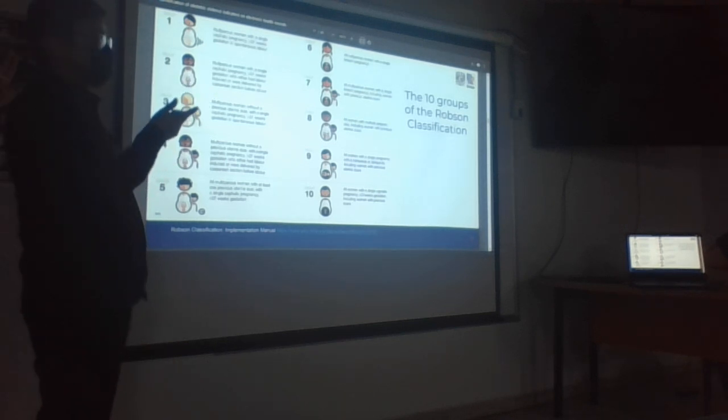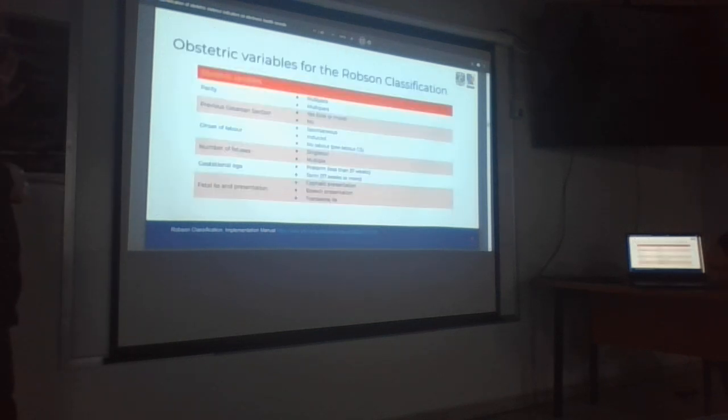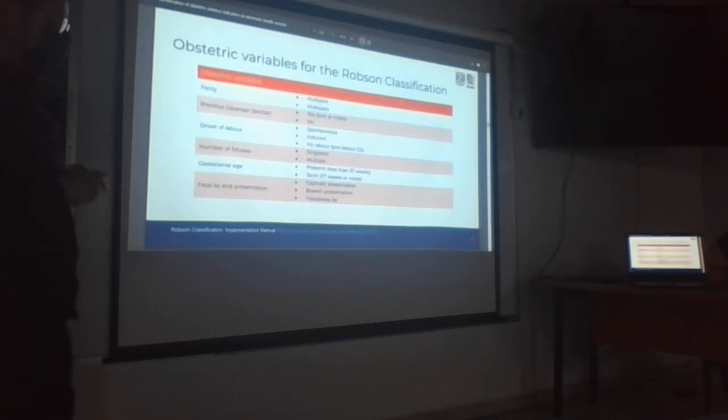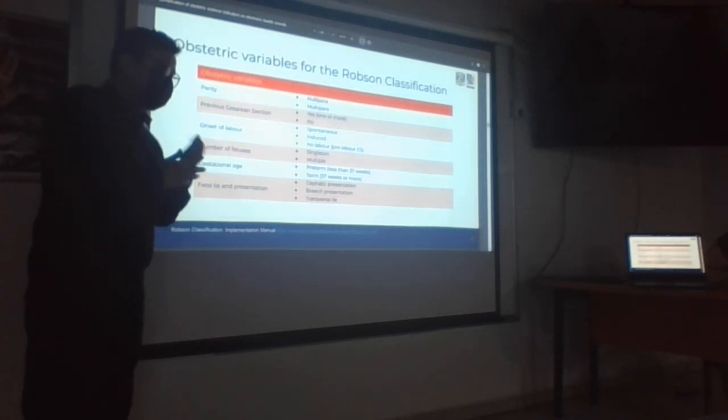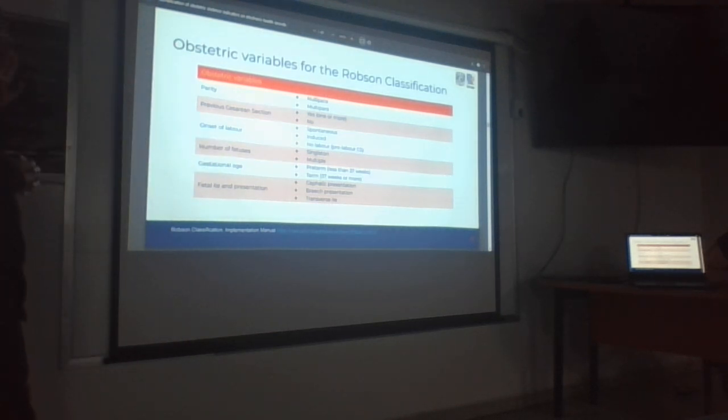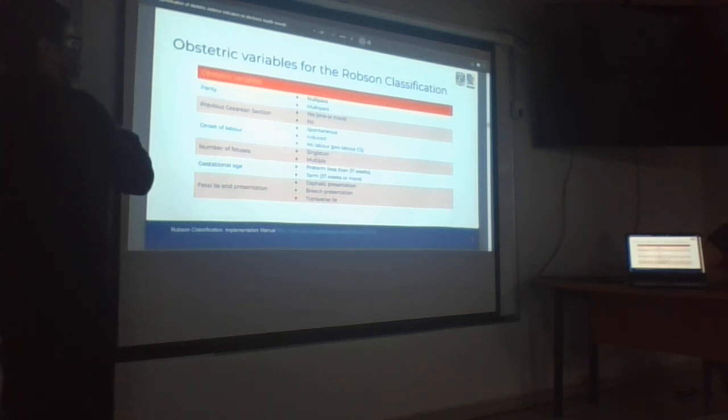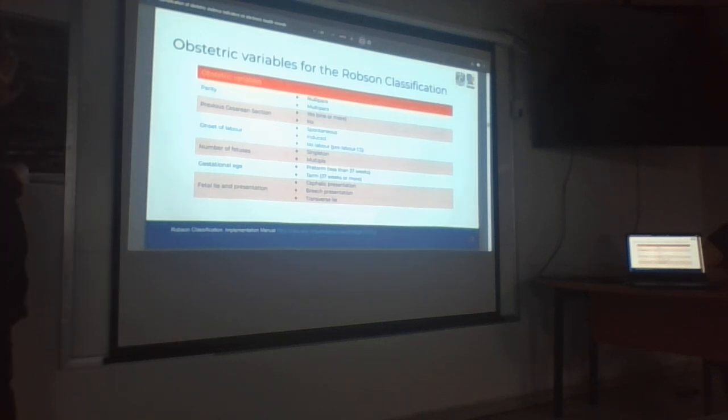But in the next slides, the Robson classification is split into 6 obstetric variables, and these variables also have a granularity of those obstetric variables.